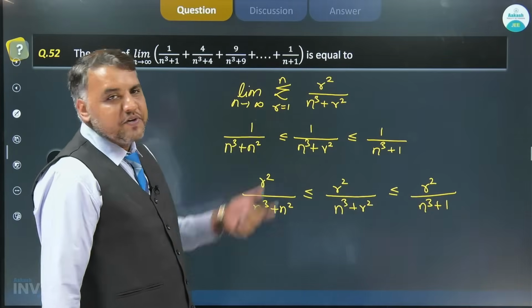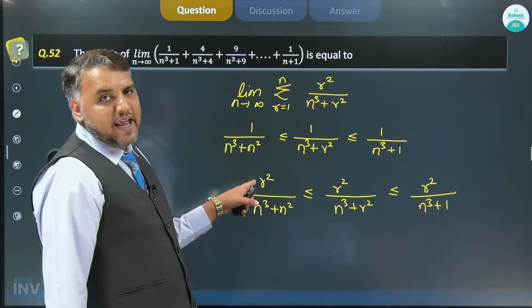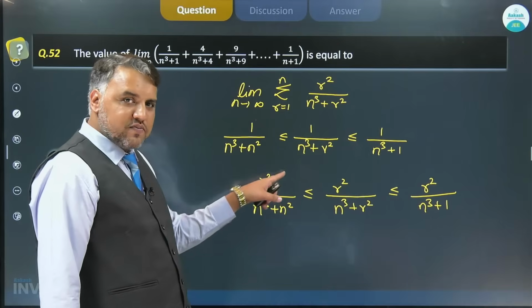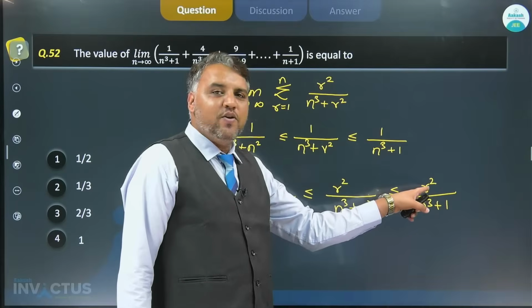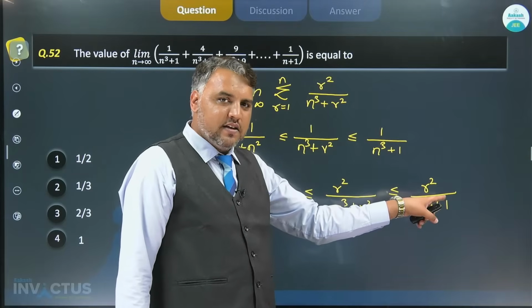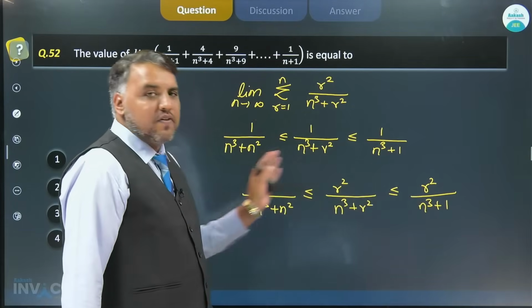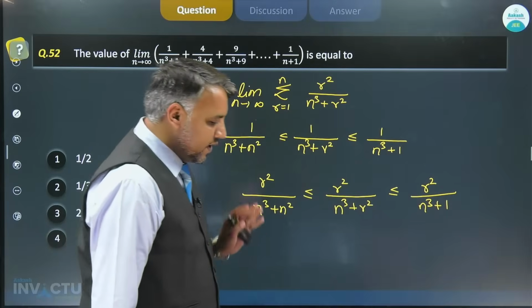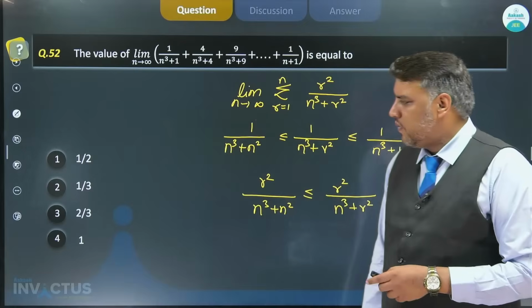Now you can apply summation, and from left and right you will get n into n plus 1 into 2n plus 1 divided by 6, divided by n cube plus n square, and this is a constant term. Similarly here it will be n into n plus 1 into 2n plus 1 divided by 6, and when you apply limit n tends to infinity, both the sides will become 1 by 3. So this limiting value which we are going to find will be 1 by 3 using the sandwich theorem.